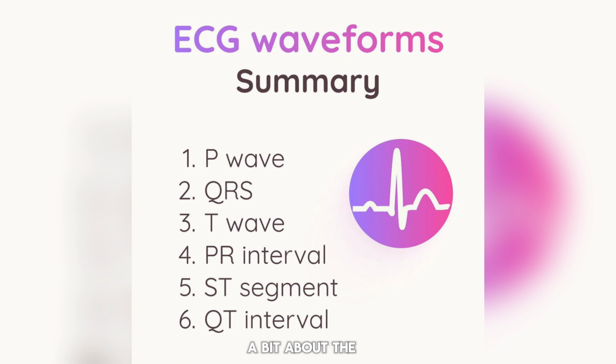I can tell you a bit about the history of the electrocardiograph. The electrocardiograph, also known as an ECG or EKG, has a fascinating history. It was first developed in the early 20th century by Willem Einthoven, a Dutch physiologist. Einthoven's invention revolutionized the field of cardiology by allowing doctors to record and analyze the electrical activity of the heart.